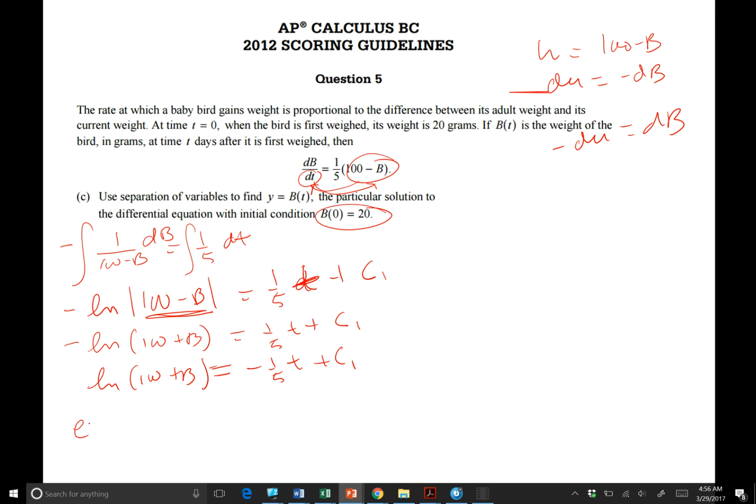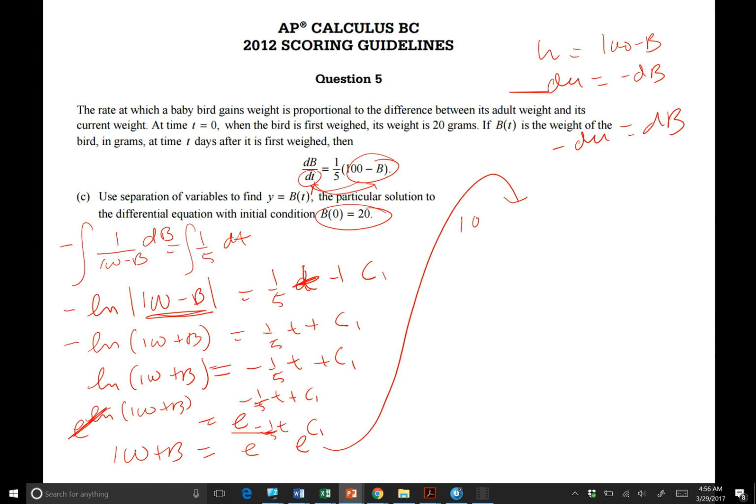Now I'm going to exponentiate it. So e to the natural log of 100 minus b equals e to the negative 1/5 t plus c sub 1. These cancel. So I have 100 minus b equals, remember, these we separate, so e to the negative 1/5 t times e to the c sub 1.